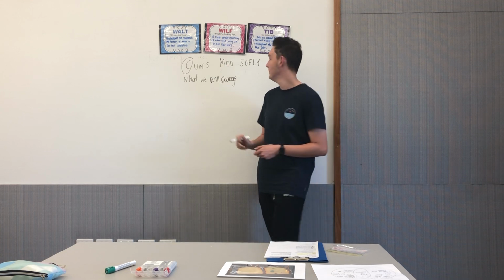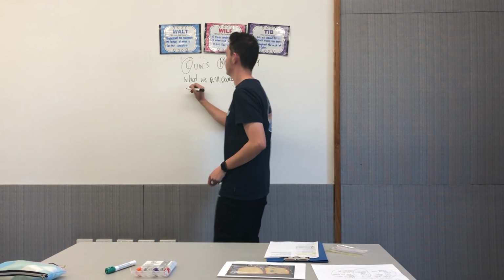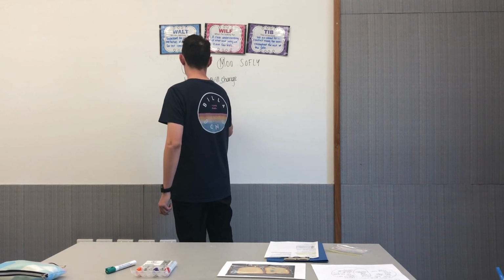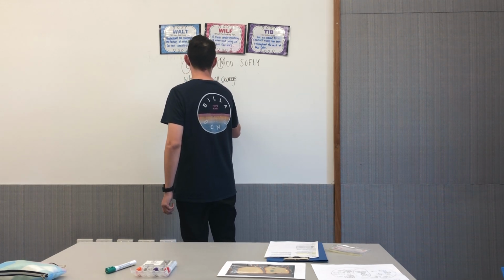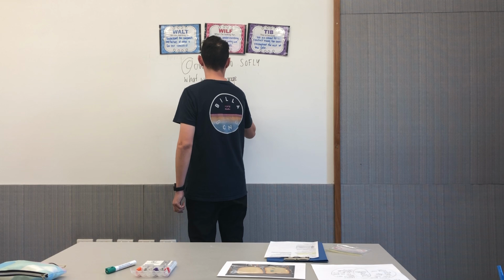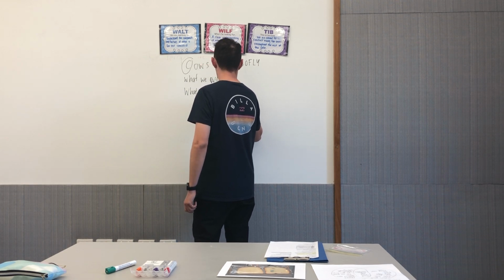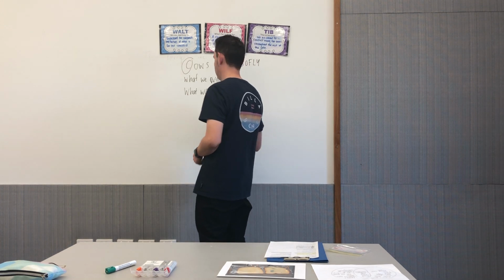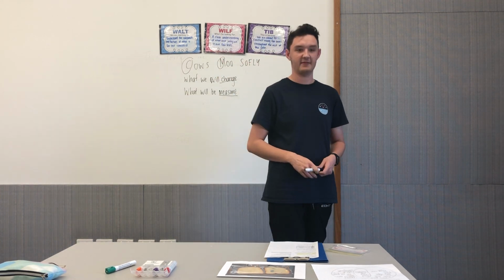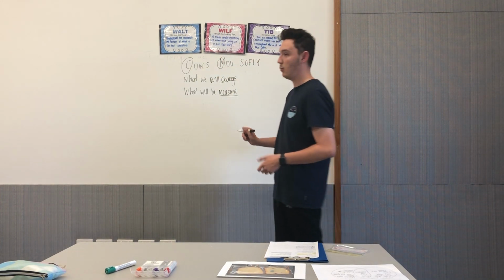All right, so M for our moo stands for what will we measure? With our keyword being measure. Alrighty, and finally S for the word softly will be what will we keep the same?